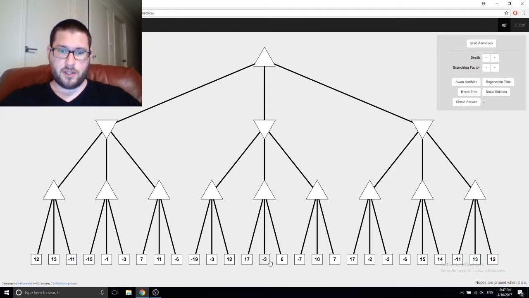So these are the heuristic values for each of the states at the bottom. The upward triangle indicates a node where it's your turn, so you can choose which path to take, and the downward triangle represents a node where it's your opponent's turn, and they can choose which path to take.